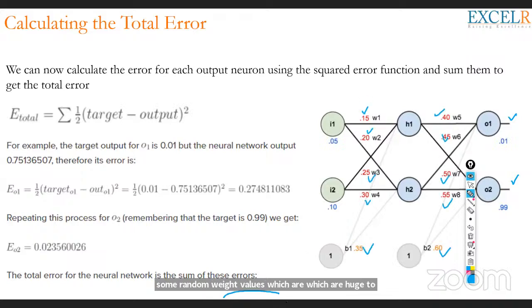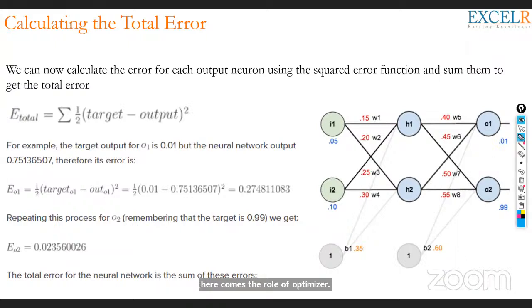After getting the total error for this network, here comes the role of the optimizer. It will try to minimize this error value by tuning the weights, so it will try to get the optimum values of the weights so that the error will be minimum. Let's see how it will perform.